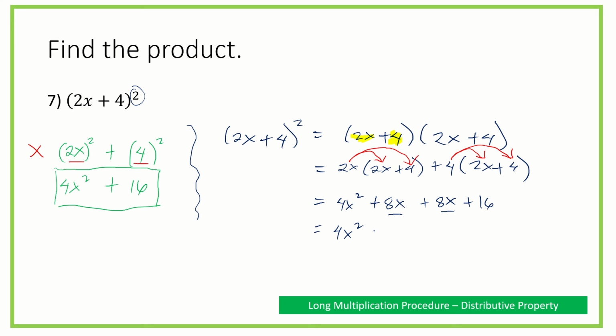So 8x plus 8x is 16x plus 16. And this is the answer. So looking at our previous process, in terms of answer, they're different. So don't forget to expand before you distribute.